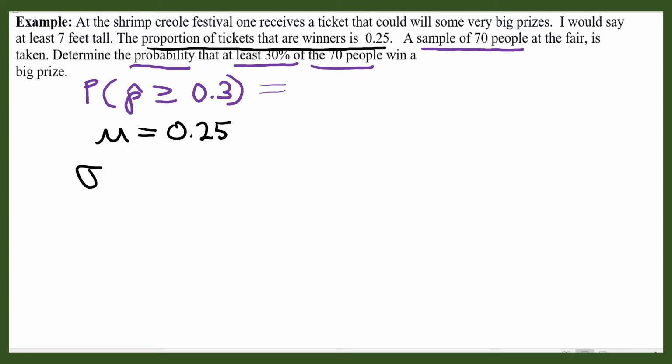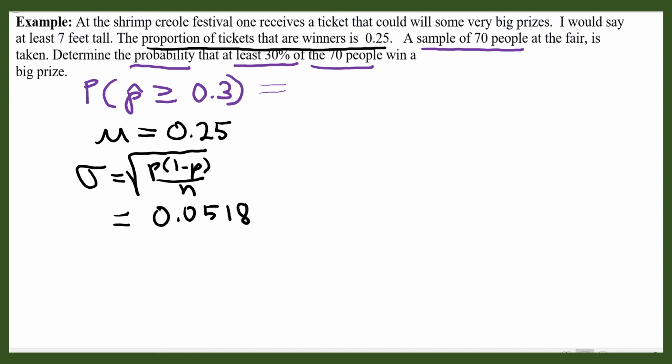The standard deviation for p hat is a formula. The square root of p times 1 minus p over n. You figure it out. It's going to equal 0.0518.